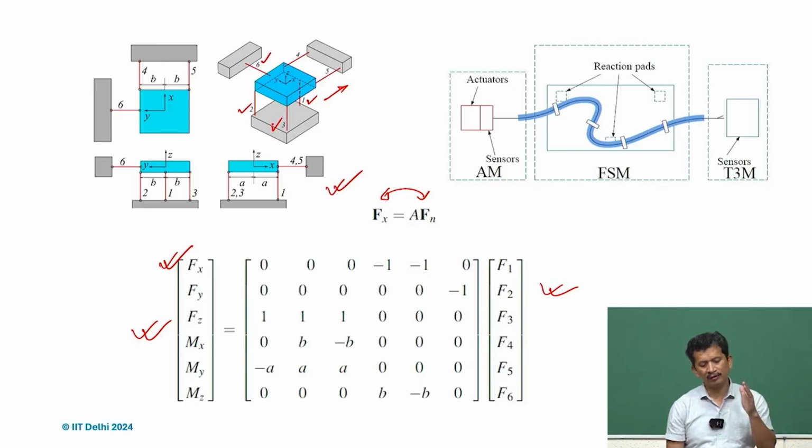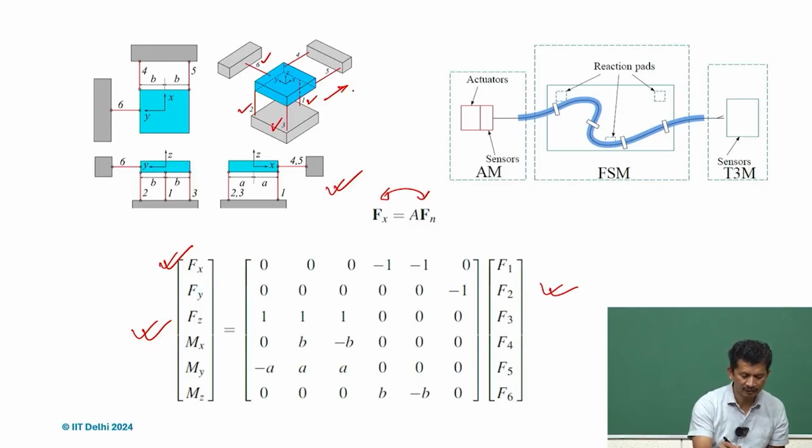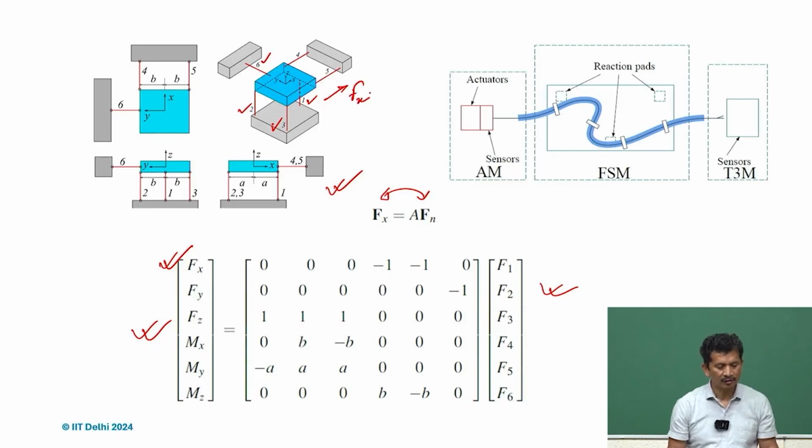What we realize is, if we apply force Fx, the constraints provided by 1, 2, 3 and 6 will not provide any constraint, because whatever infinitesimal displacement we are talking about, because of the force Fx, is normal to the constraint lines 1, 2, 3 and 6.